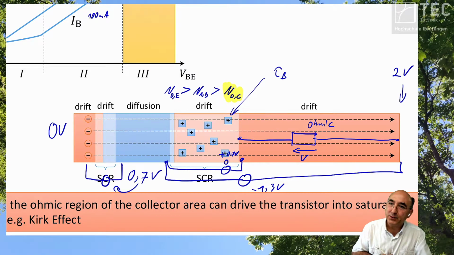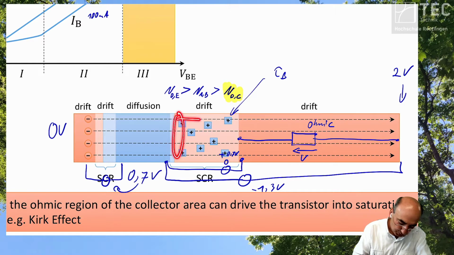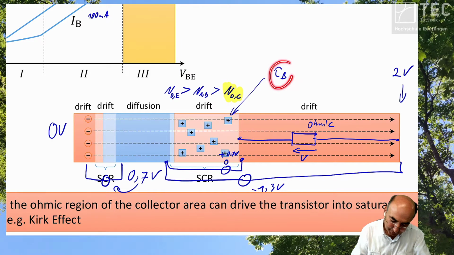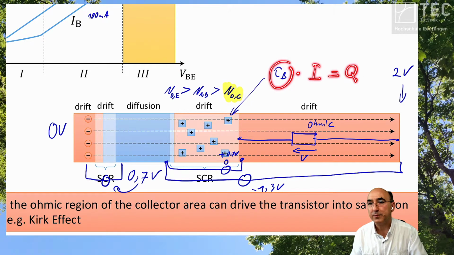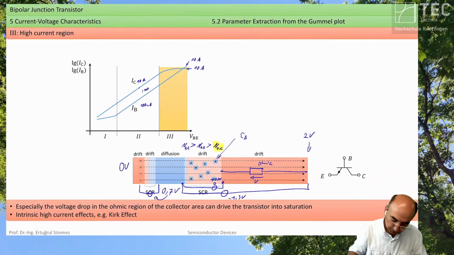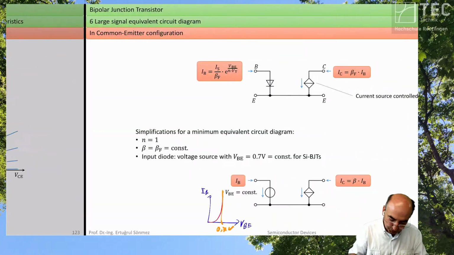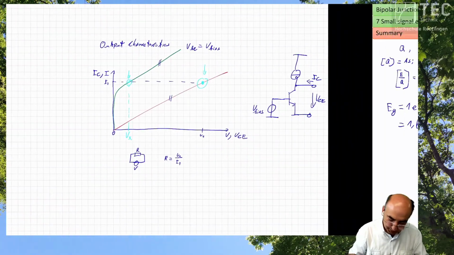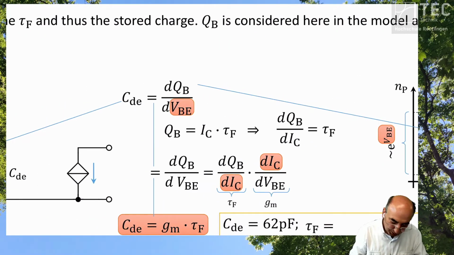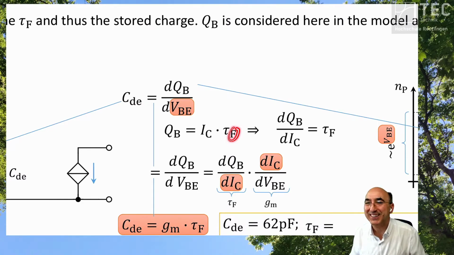And so it takes a certain time to pass this area. So if we have time times current, we have a charge. So let's define the charge by this equation. We are free to do that. Now let's go back to the slide where we are using this information. Okay, tau f, none of them were true.